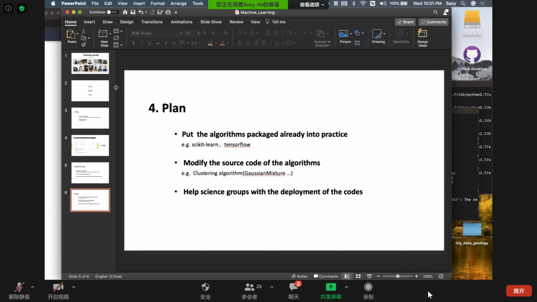And the last one is about the assignment of the machine learning group members, because most of them are working on specific science groups.